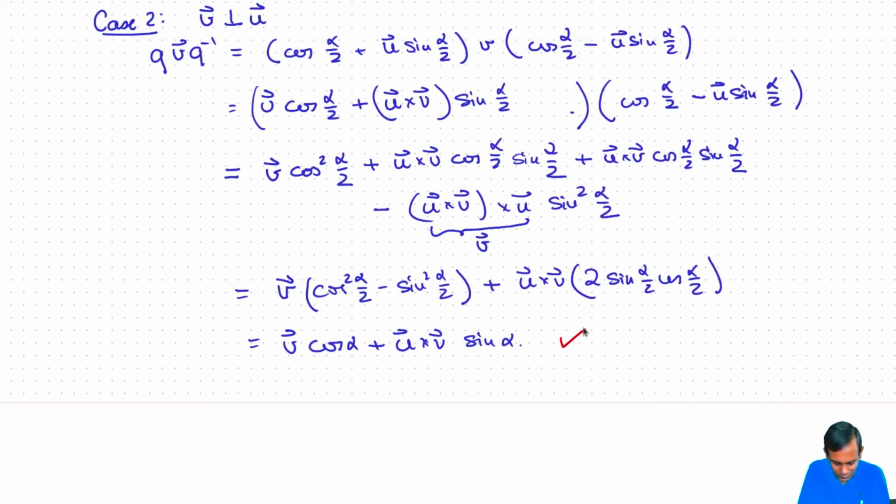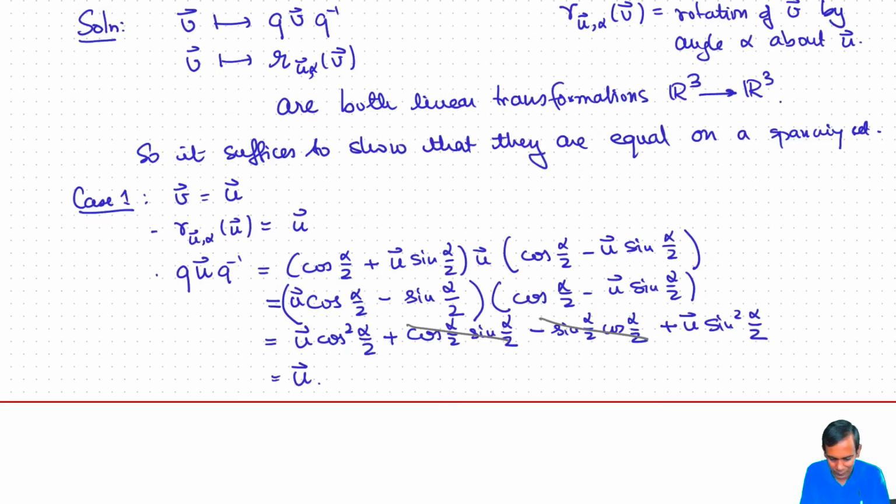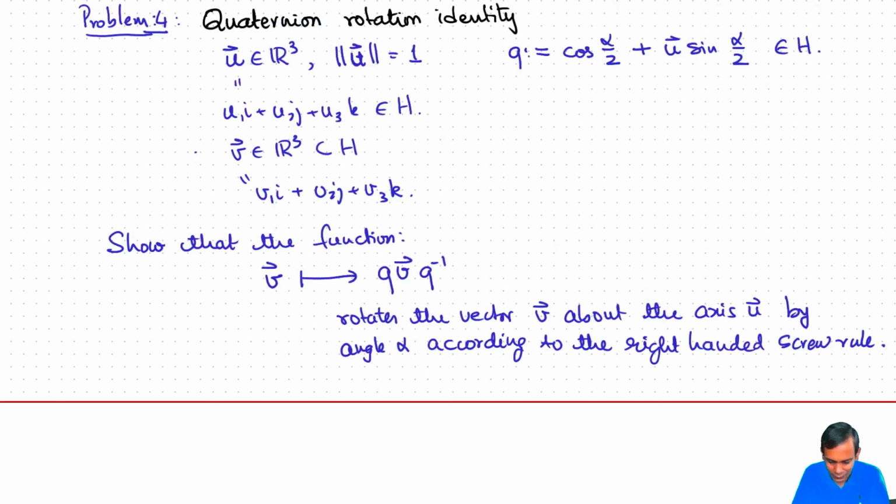Now this last property is actually very important in real life. This quaternion rotation identity gives a very simple way to compute the rotation of vectors about any axis by any angle, and this is used all the time in computer graphics.